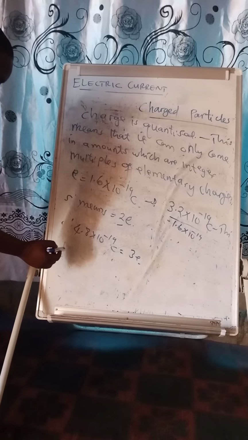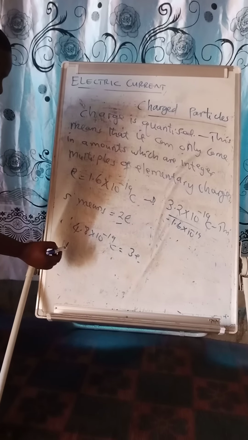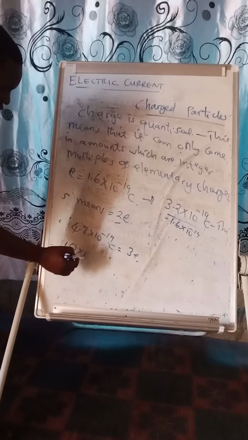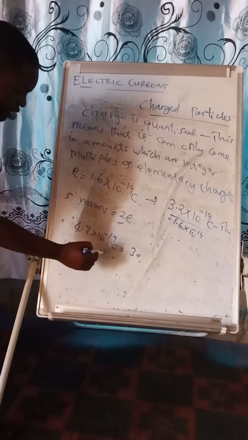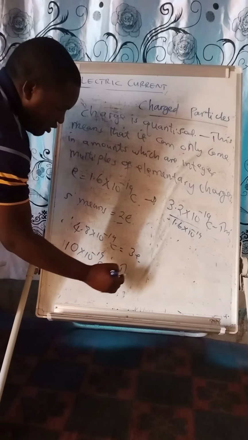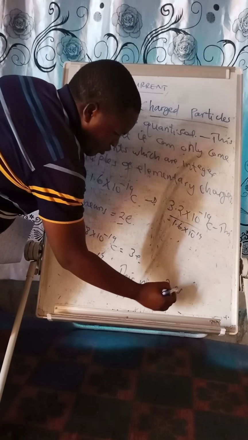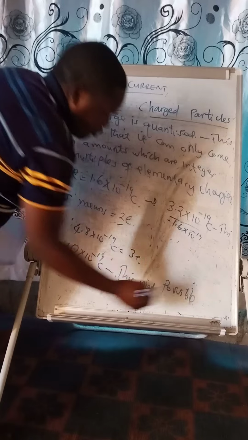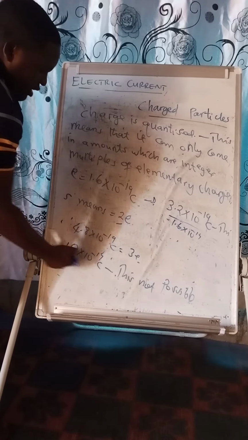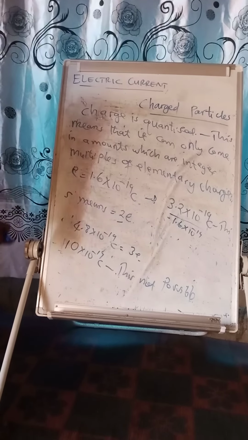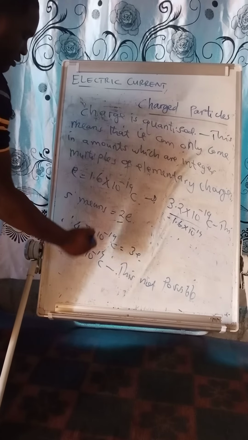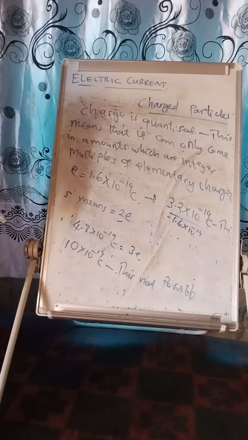But if we put here 10 times 10 minus 19 coulomb, this is not possible, because if you divide by 1.6, it will not give you an integer multiple.